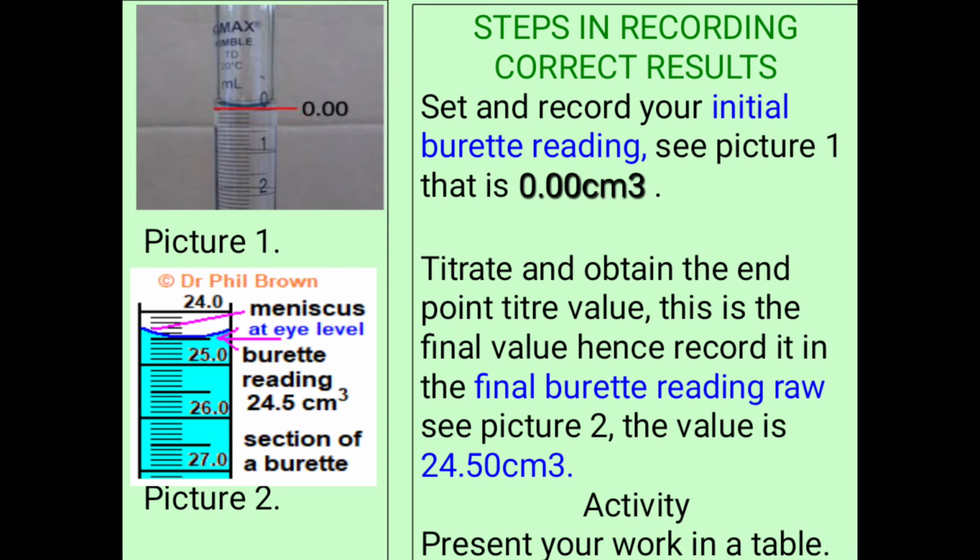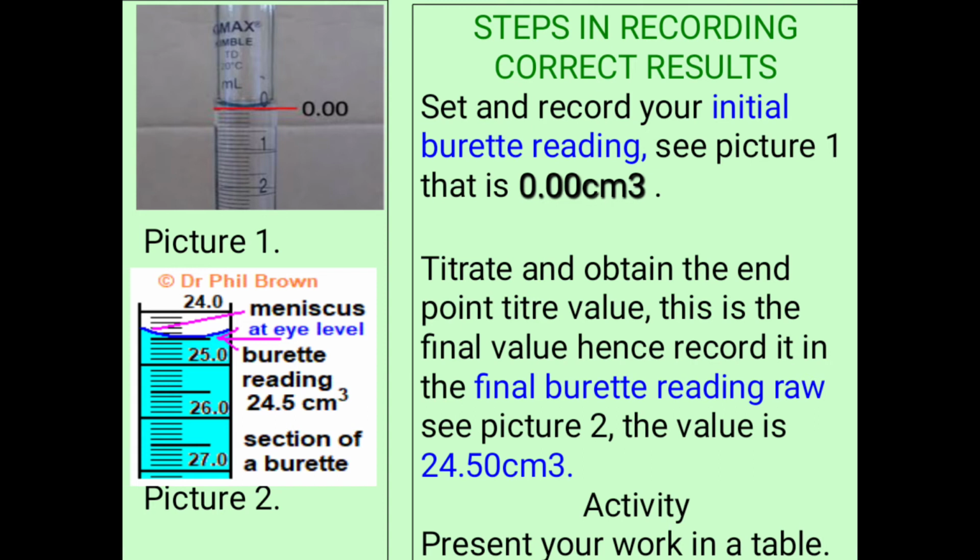Assuming you have titrated and you have got 24.5 on your burette, to write that value correctly, you are supposed to write it with 2 decimal places. So we shall be writing 24.50, and this value is going to be our final burette reading.